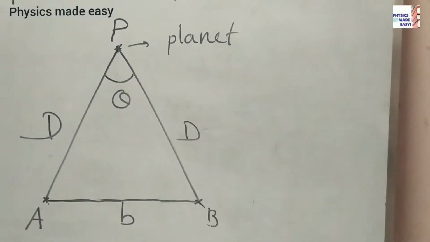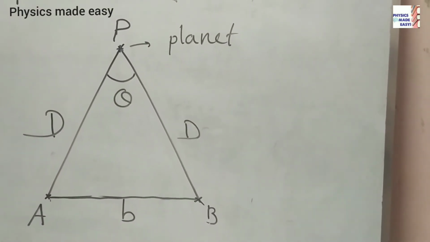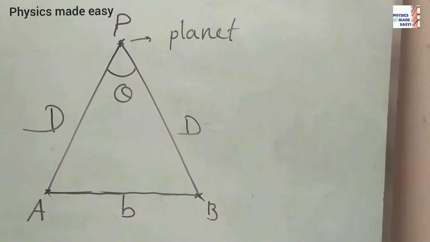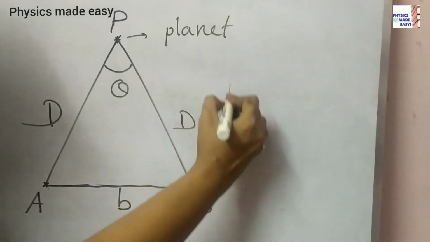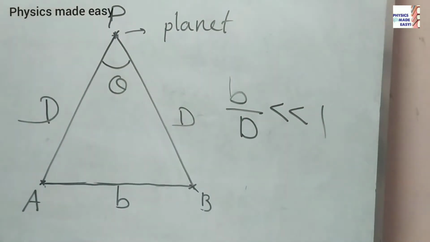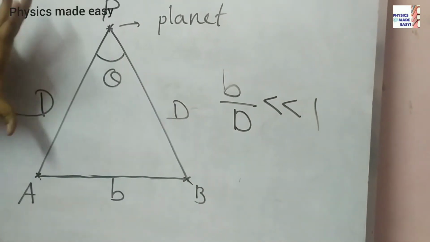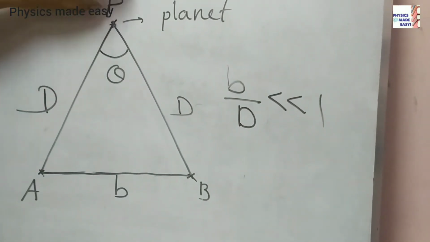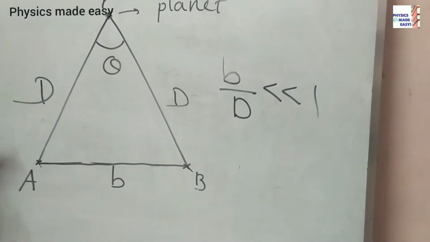There we need to measure the distance of this planet from the earth. So here we can consider these planets or stars are far away from us. So here we can consider B by D is very much less than 1. B is the distance between that 2 points on the earth. D is the distance between planet and this point on the earth, where the observer is standing.